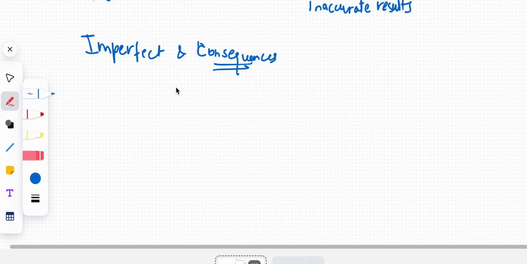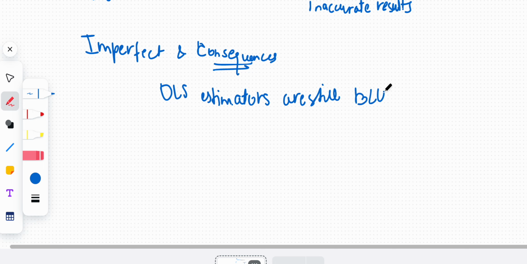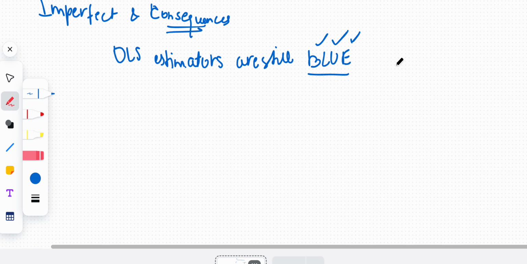OLS estimators are still BLUE. That means they are linear, unbiased, and efficient. Minimum variance is also there.